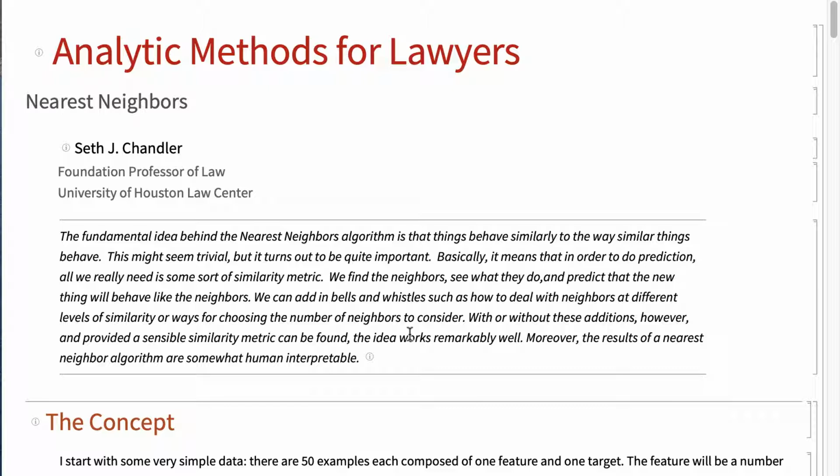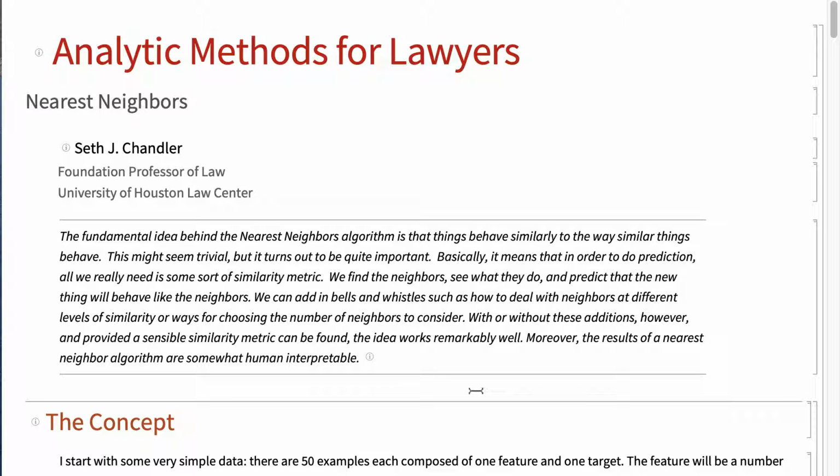In other words, in order to do prediction, all we really need is some kind of similarity metric so that we can say that case A is similar to case B, or house A is similar to house B. And what we do is we find the neighbors, we see what targets they have, and then we basically aggregate those targets, aggregate the outcomes of the cases, aggregate the prices of the homes, aggregate the survival of whether someone lived or died on the Titanic, and we make a prediction that is predicated on that aggregation.